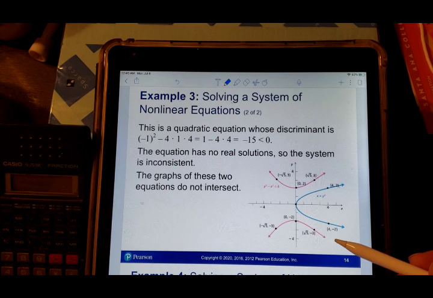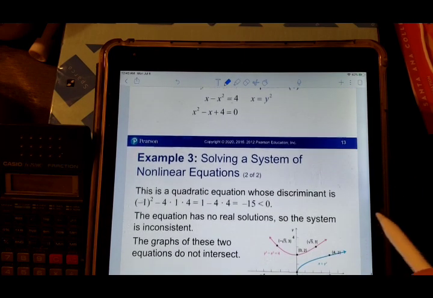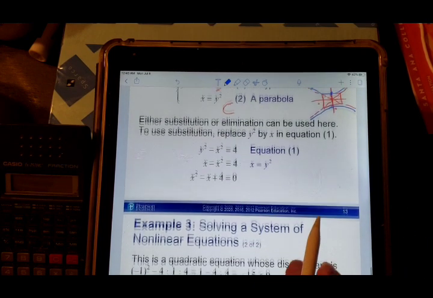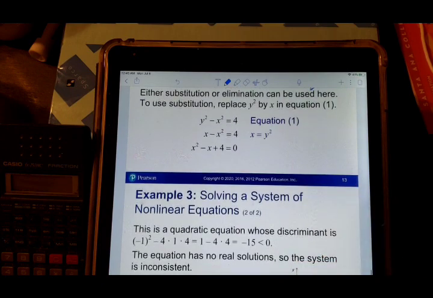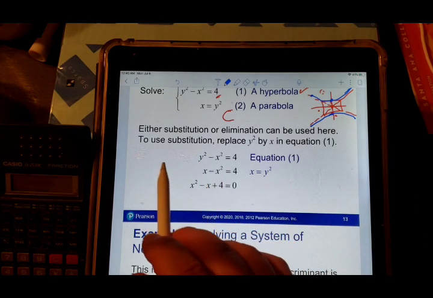Not really something we can use other than to say it's interesting. No, we need math, or algebra, not geometry, to really tell what's going on here. But they don't meet, so there is no solution, and that would be the selection if we were graphing this.